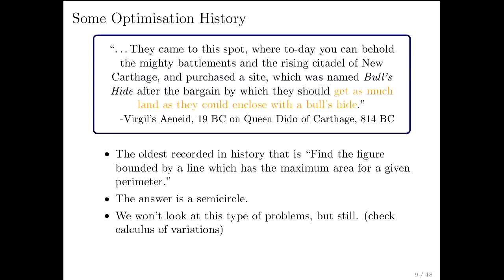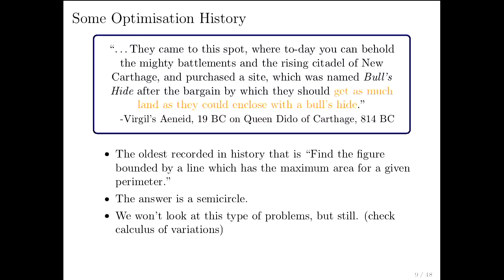So really the formal definition of the problem is to find a figure, find the shape of the city, bounded by a line which has the maximum area for a given fixed perimeter. The answer is a semicircle if we bound it on one side by the sea.